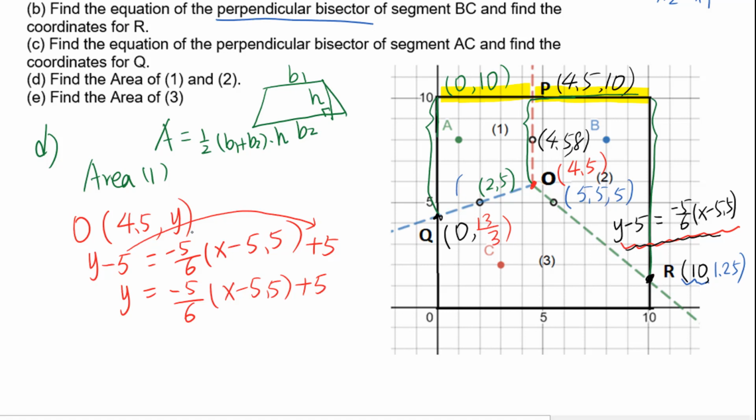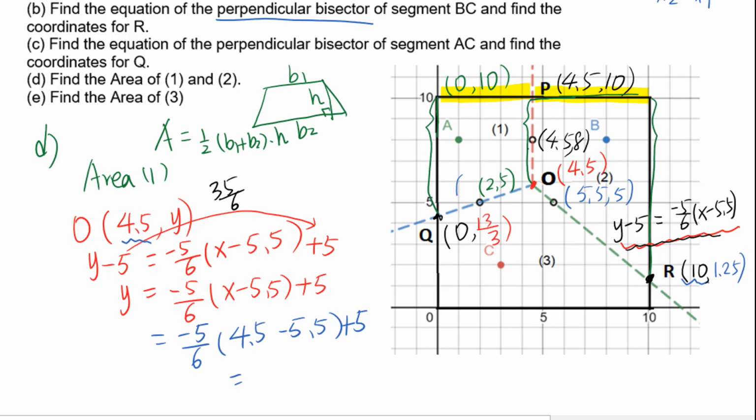We already figured out the X coordinate for O is 4.5. So you get -5/6 times (4.5 minus 5.5) plus 5. Your answer will be 35/6.